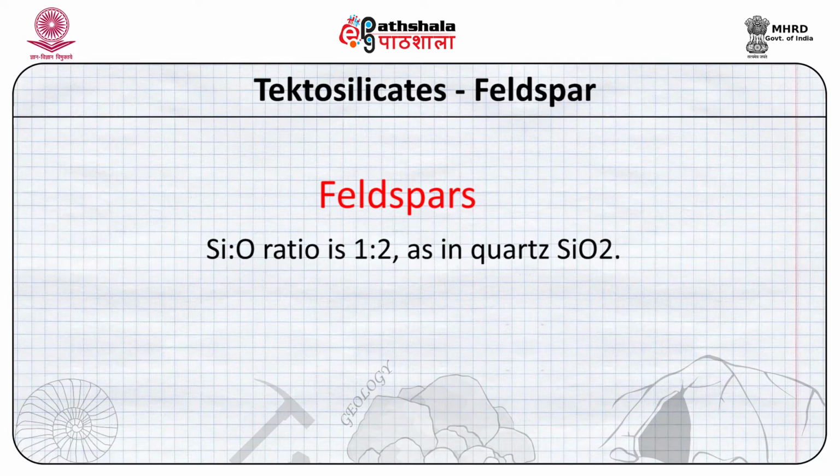Now, if there is a tetrahedra structure in which silicon to oxygen ratio is 1:2 and there is no replacement of silicon, then the chemical formula of the mineral will be SiO2, which is what is represented by a common mineral, that is quartz.